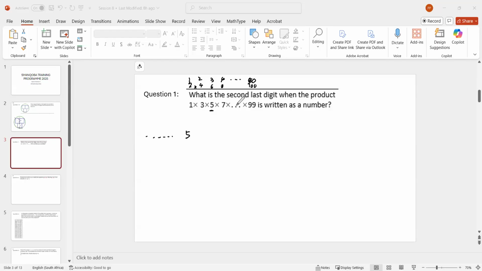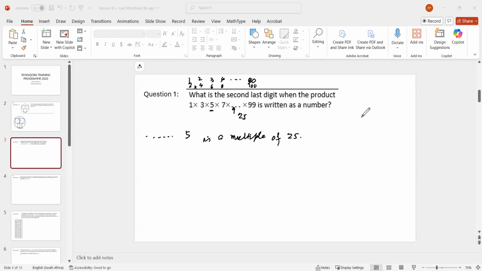But more than that, it's actually a multiple of 25, because one of the odd numbers that this product hits is 25, somewhere along the line. So this is a multiple of 25, because you've got a lot of numbers multiplied together, and one of them is 25.